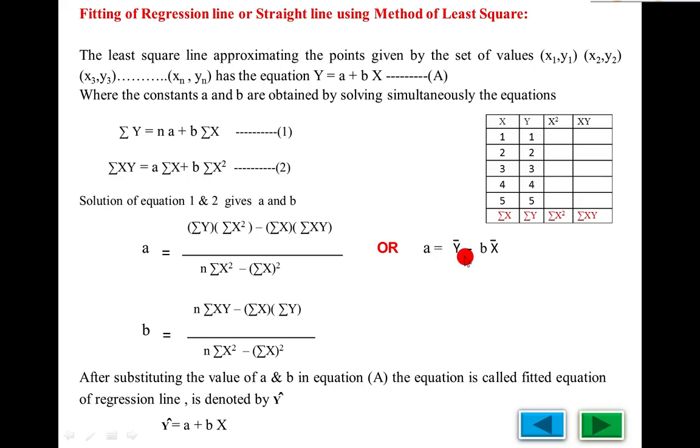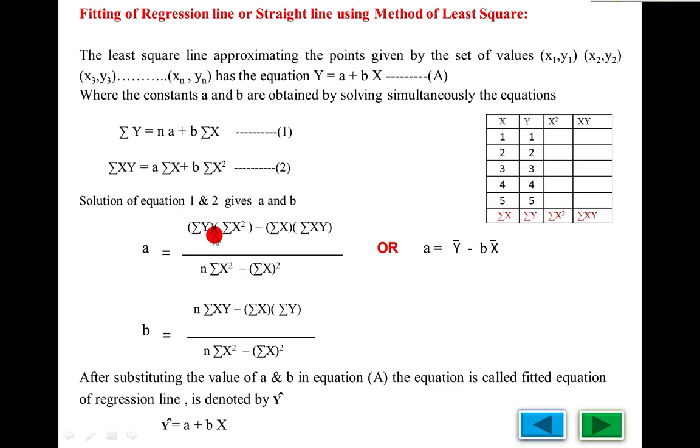So first calculate the mean of y and the mean of x, and then after calculating b, multiply b with the mean of x and substitute the value of the mean of y, and you will obtain a. So from this equation you can also find a.